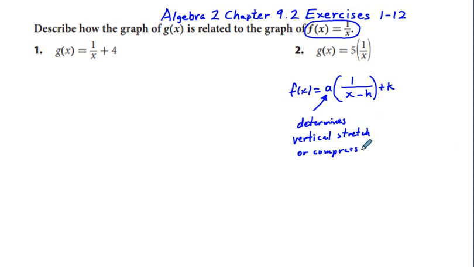Also, if a is less than 0, the function reflects about the x-axis.